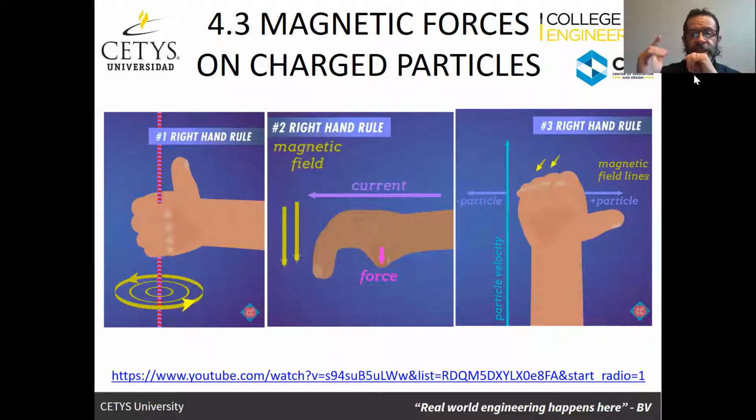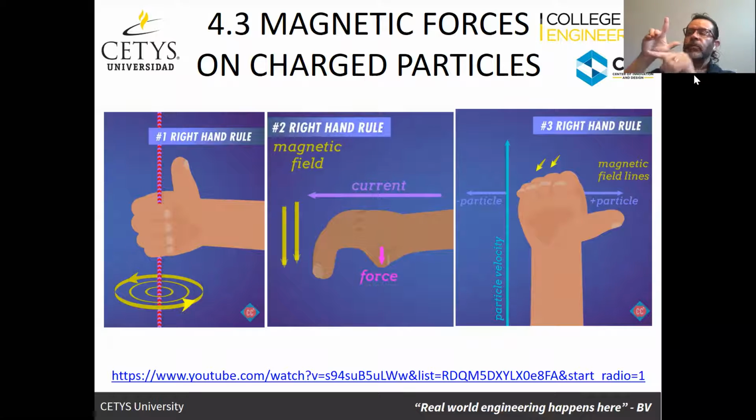And the right-hand rule tells us that if the magnetic field is going in one direction, and that's going to be indicated by these fingers here, and the velocity vector is going to be our index finger, then our thumb is going to indicate the direction of the force.